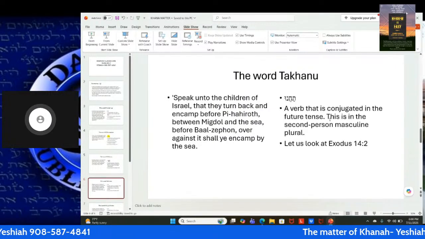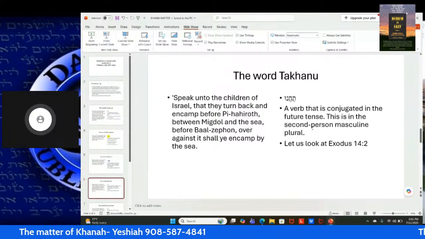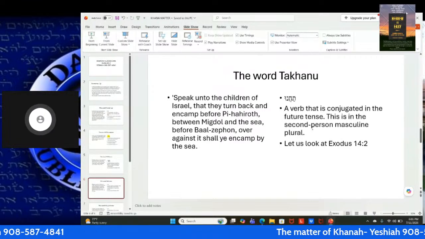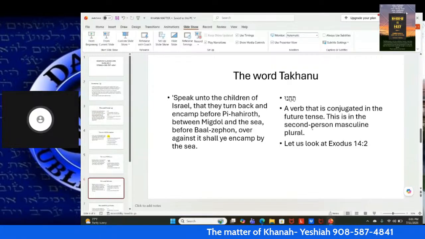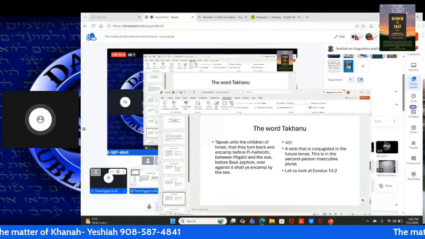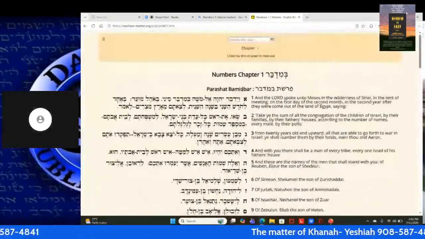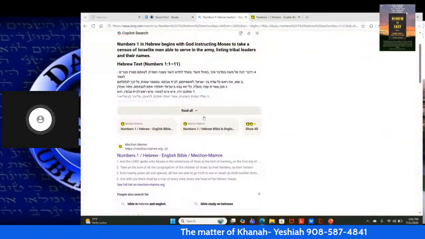This is in the second person masculine plural. Second person is you, but in plural and in the future tense. Now, there is, in this particular case, no waw consecutive. That's why when we show it in Exodus chapter 14, verse 2, we're not going to see such. So let's go there, we will. Go to Exodus chapter 14, verse 2, and let's see what we can see in that particular case.